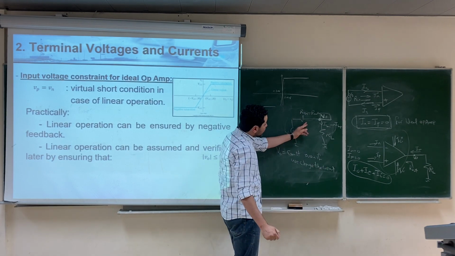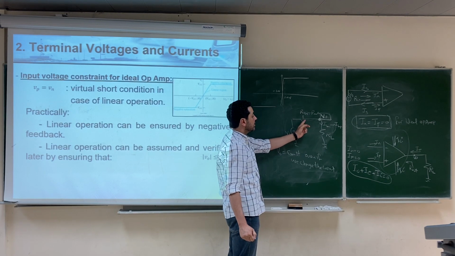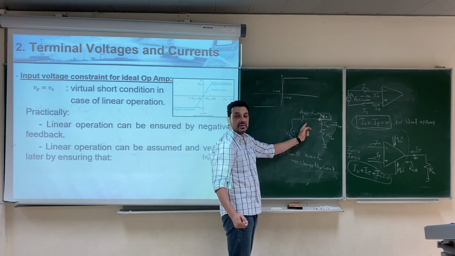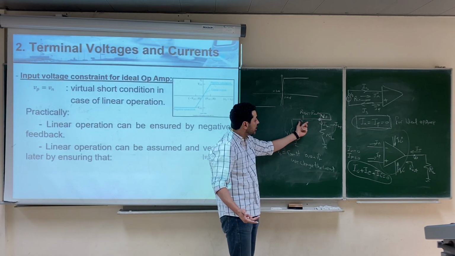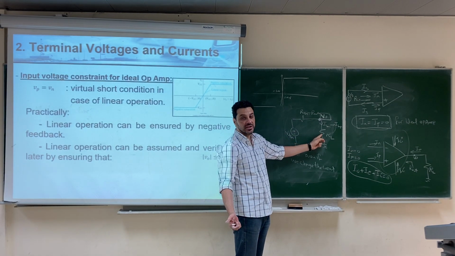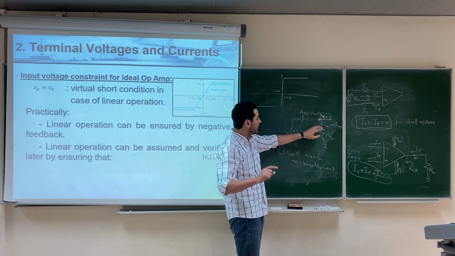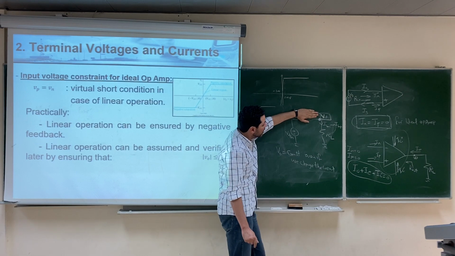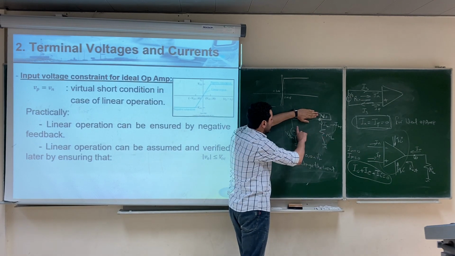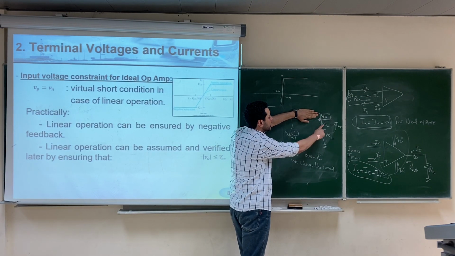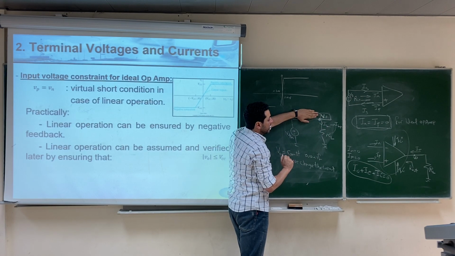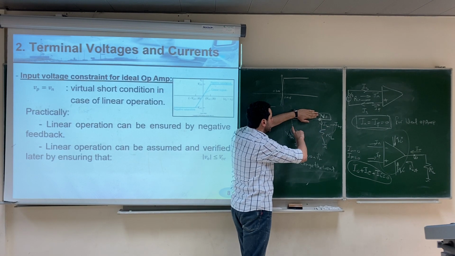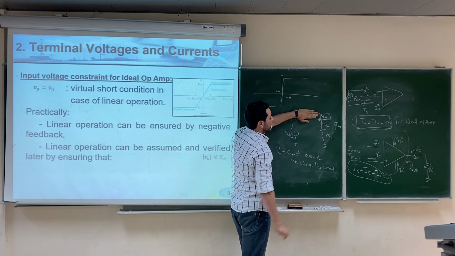If you change the current, the voltage across R Thevenin or R output must change, and if the voltage here changes, the output voltage must change, unless the resistance here is 0. If the resistance here is 0, then the output voltage will be equal to V Thevenin regardless of the current in the load. Even if you change the load and the current changes, V Thevenin will always be equal to V out.